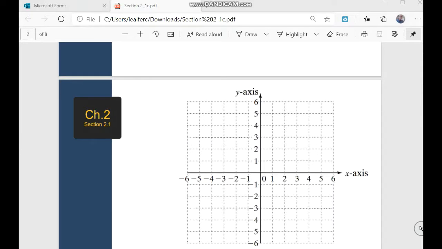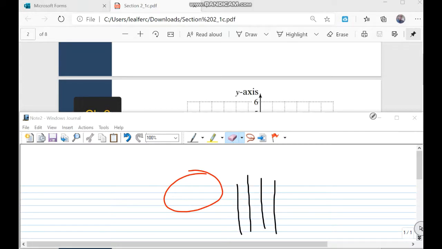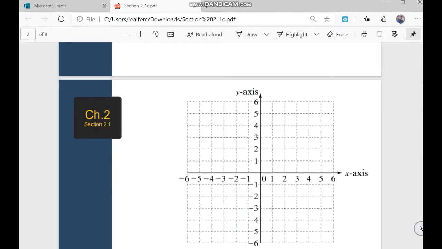Yeah, you need to have at least some kind of paper. If you have even regular paper, like this, you can do your graph like this, but actually with graph paper it's much easier. It's much easier. I agree with you, Khalid.